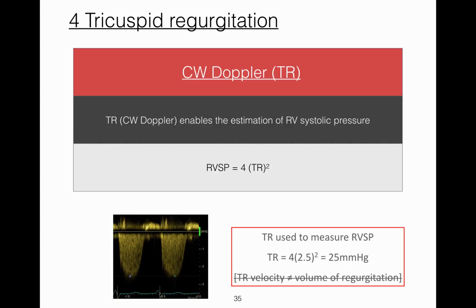That is, using the example on the screen, a peak tricuspid regurgitant velocity of 2.5 meters per second equates to 25 millimeters of mercury. What is important to recognize is that a high tricuspid regurgitant velocity does not necessarily mean a high or greater volume of regurgitation.